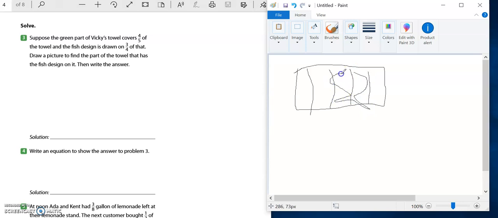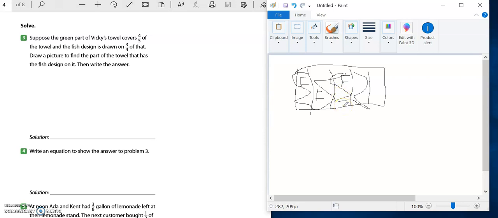This is the green, green, green, green. That's shaded in. And then it says the fish design is on 3/4 of that. So I'll make one fish. I'll just make an F for fish. Here's one fish here, one fish here, and then one fish here. Okay.